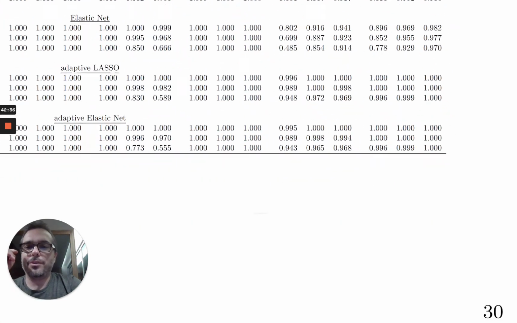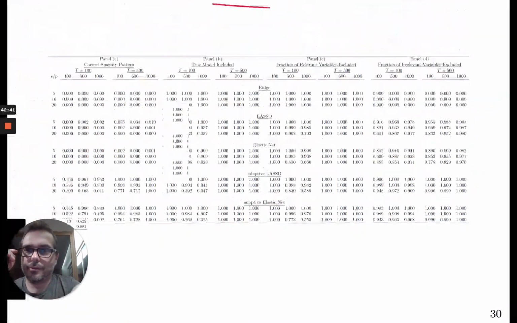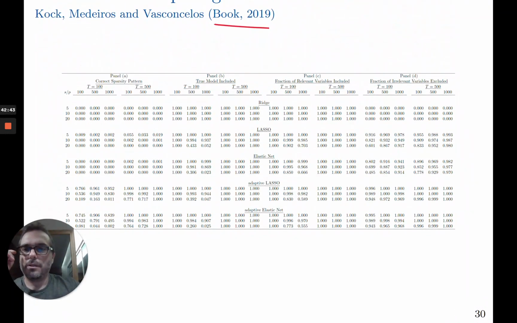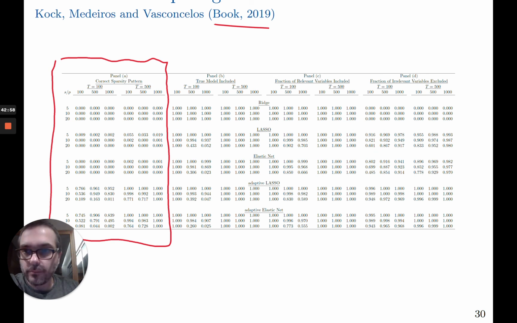And let me show you something. Let's focus on this panel here. This is the correct sparsity pattern, the same DGP, right?